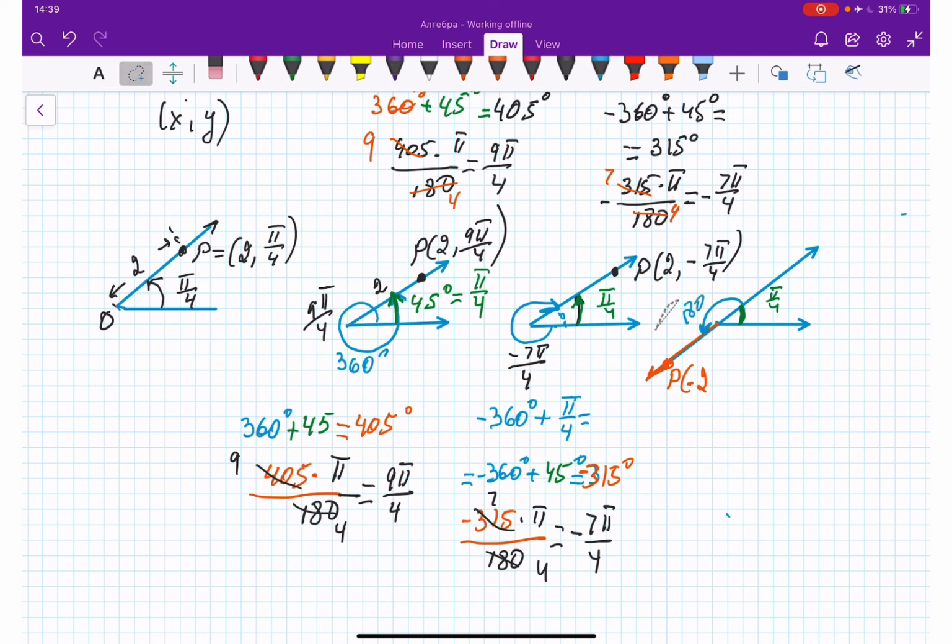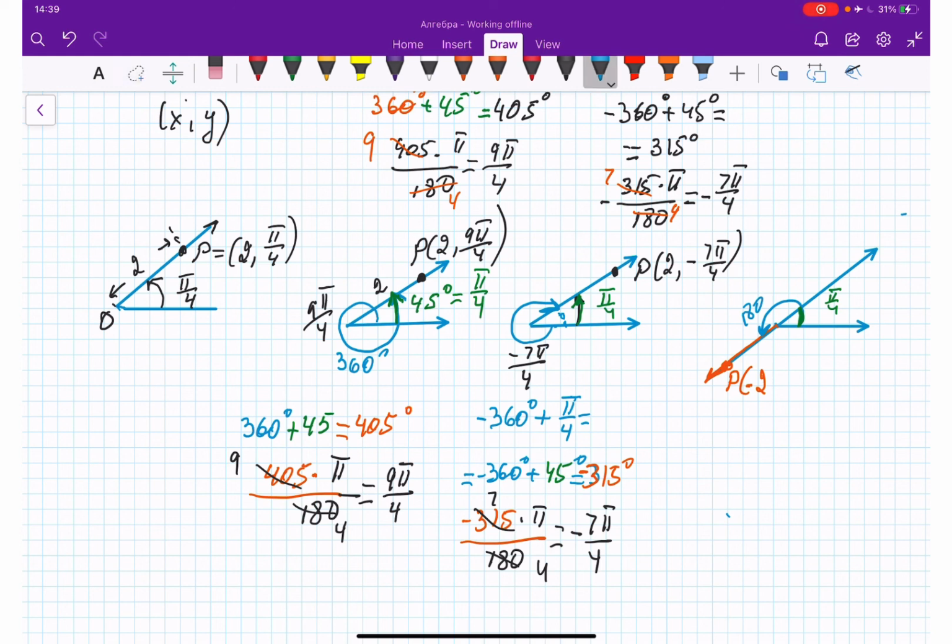Let me move this a little further because it's getting crowded. What kind of angle do we get? We get 180 degrees plus 45 degrees, and we get 225 degrees. We convert to radians: 225 times pi divided by 180.